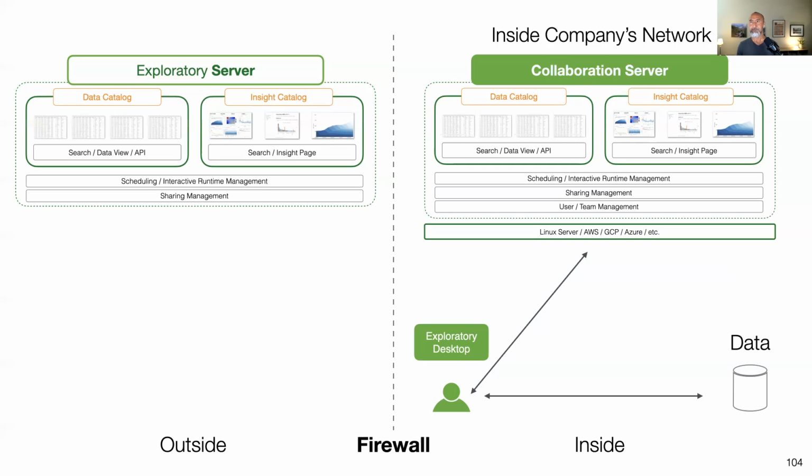It's a Docker image, so it's very simple to deploy that image instead of installing all the different components. Once you have set it up, the rest is basically the same life cycle of Exploratory Server, but you can do it within your company's network.